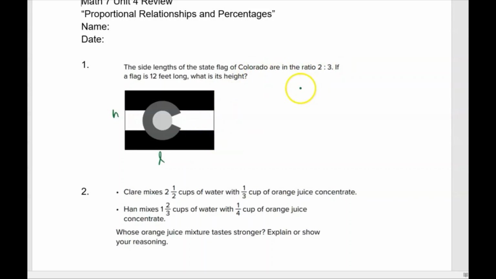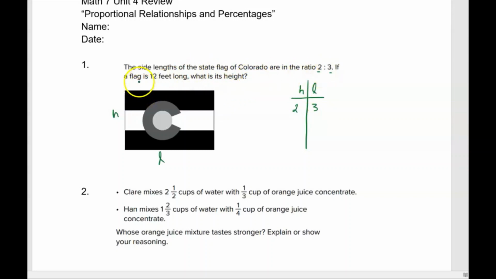And one thing that you'll probably hear me say a lot this unit, and that's very helpful, is to make a t-table. And I know that ratio is 2 to 3. So for every 2 units of height, my length is 3 units.